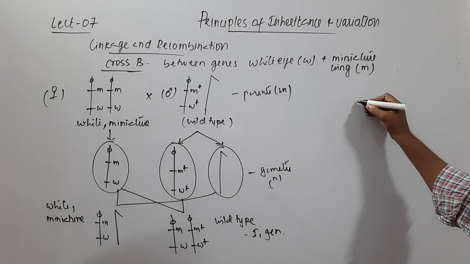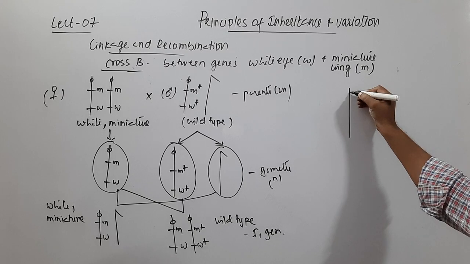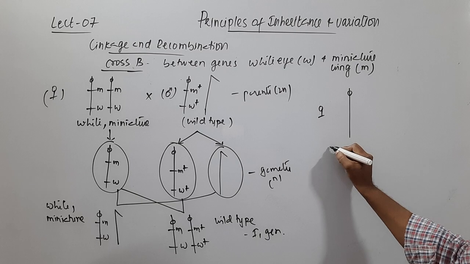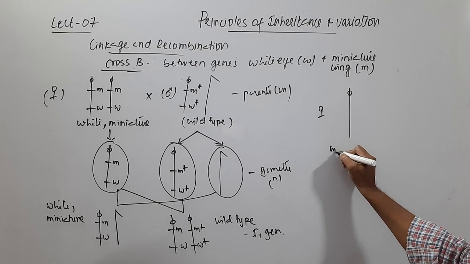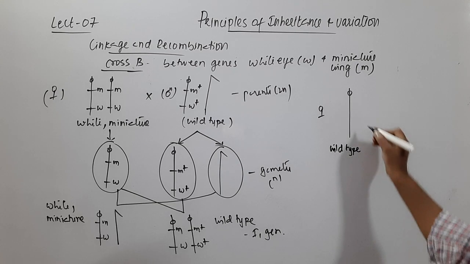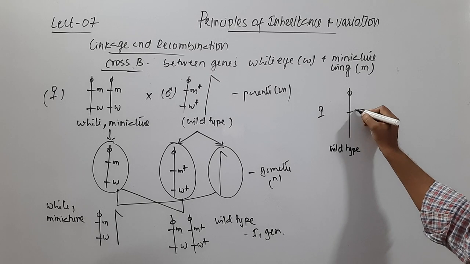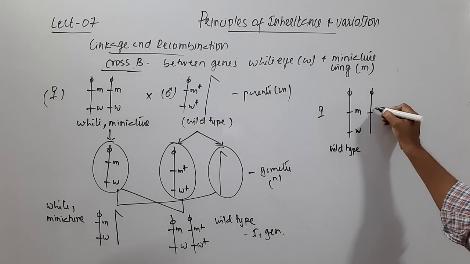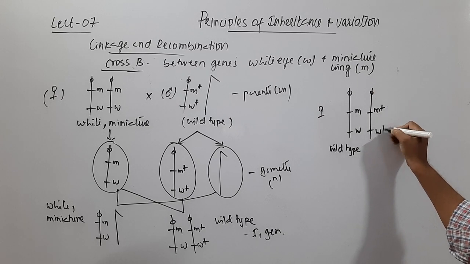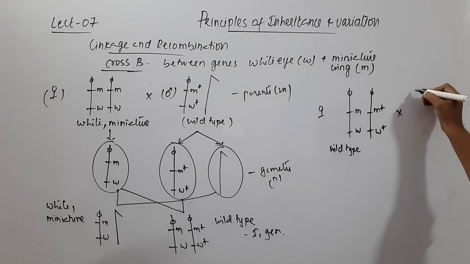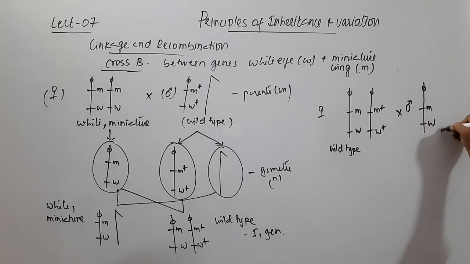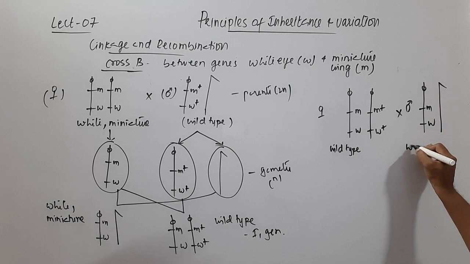Okay, so we'll see here. The female, which is wild type, so M and W, M plus and W plus, crossing with the male, so we have M W. So this is a white miniature.